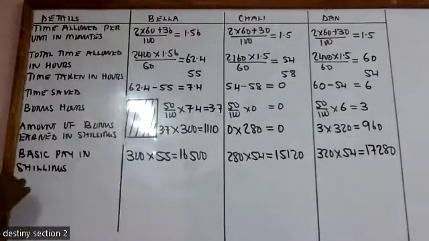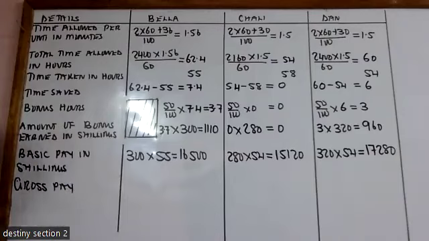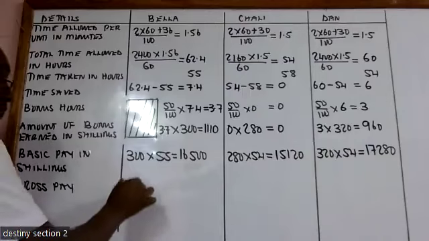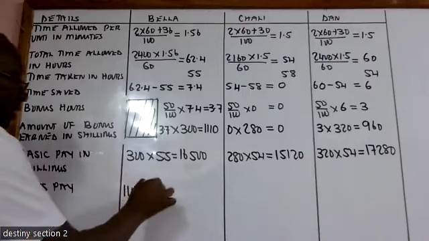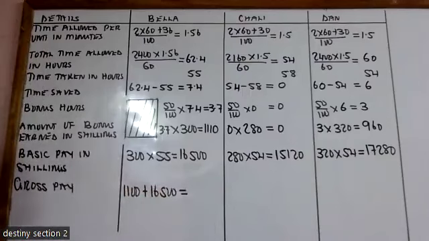So the gross pay, it is the bonus 1,100 plus 16,500. The gross pay.